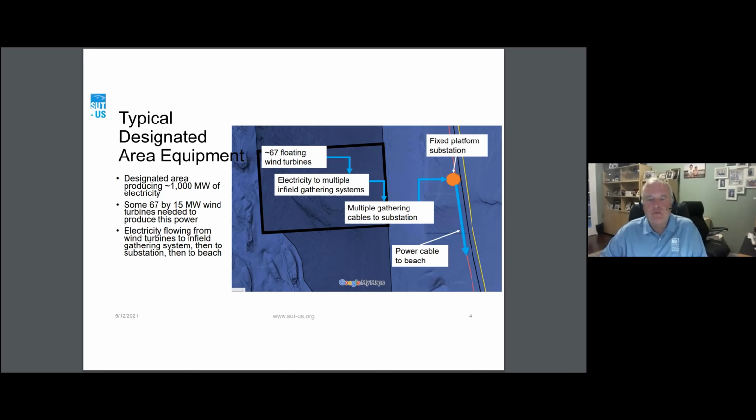So we've got to be looking at ways of reducing the number of power cables that go into the substation, and then depending on the distance may depend on how we gather and configure all of this stuff. So let's keep on talking then as we go forward.